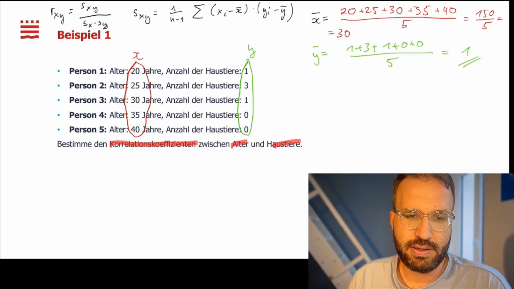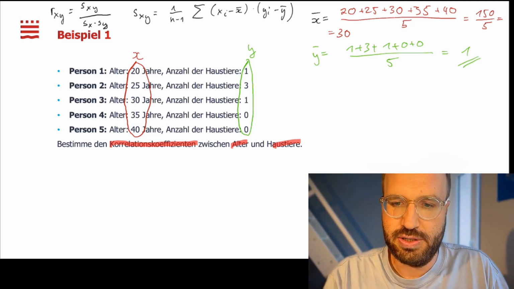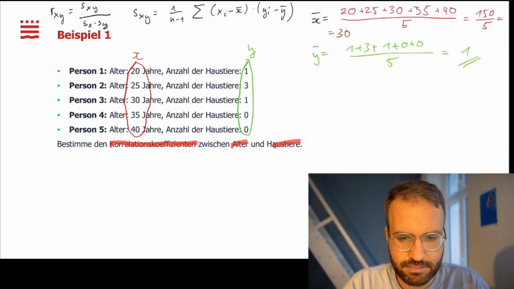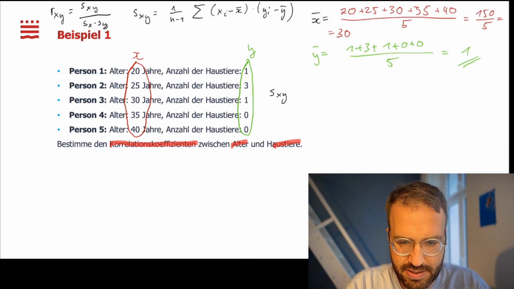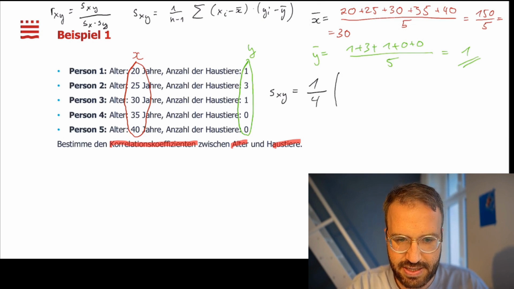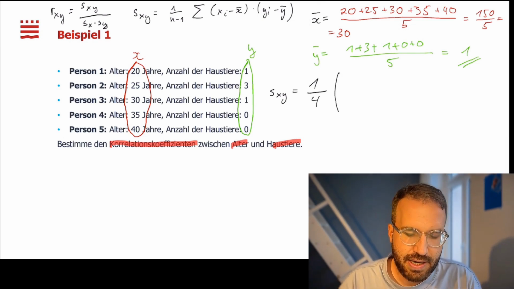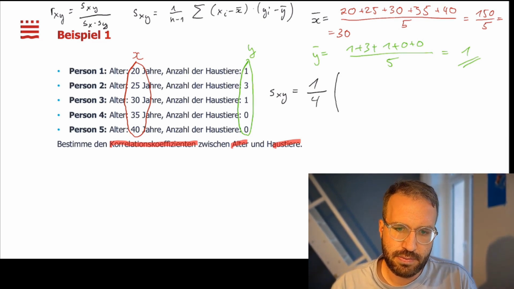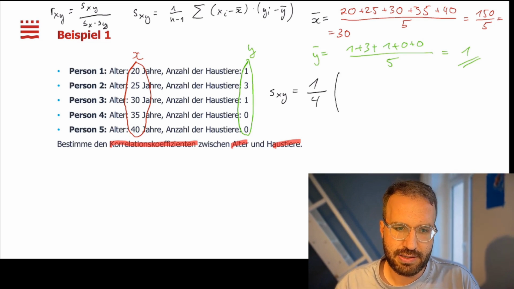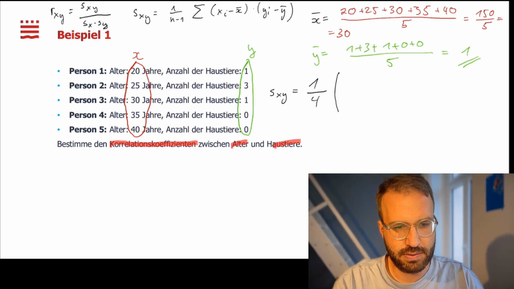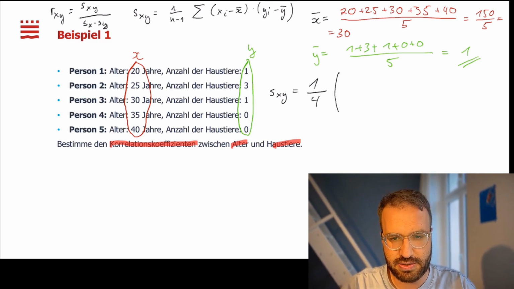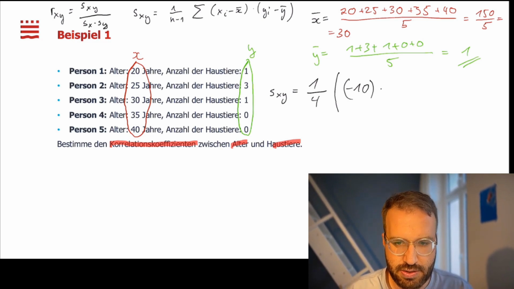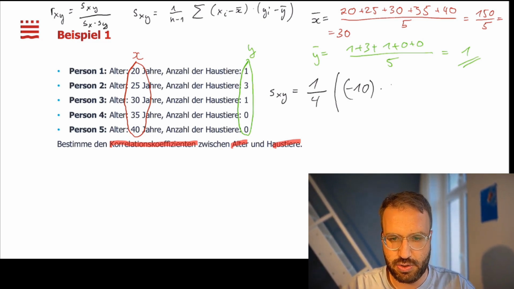Exactly. Now we have done the first calculation, and now we determine the covariance Sxy, which is 1 divided by 4, so n minus 1. And now let's take a look at the x values and how far they differ from the x bar. So for the first person, x is 20, and 20 minus 30 is minus 10. Then we take the y term, which is 1 minus 1 equals 0.